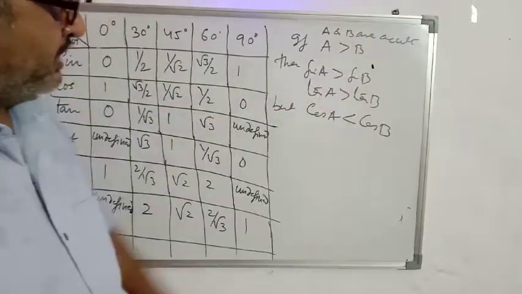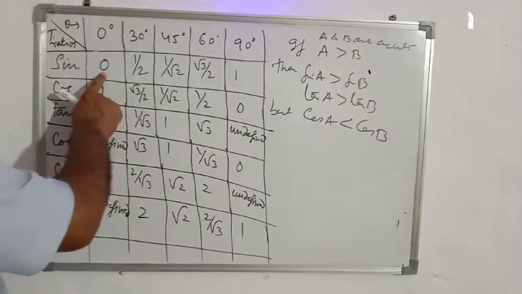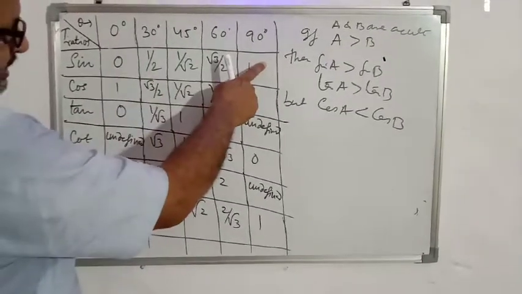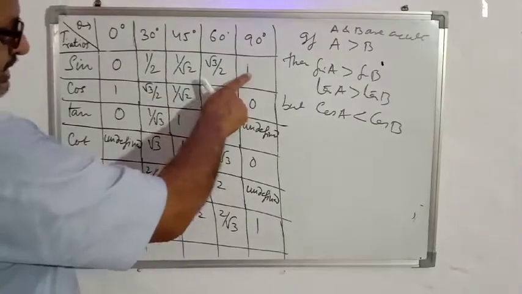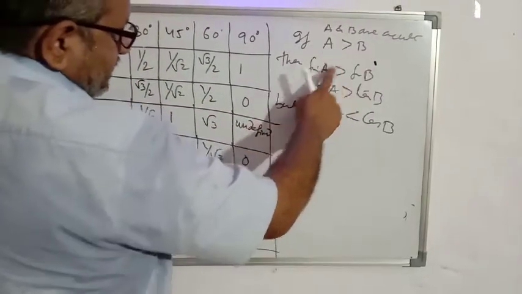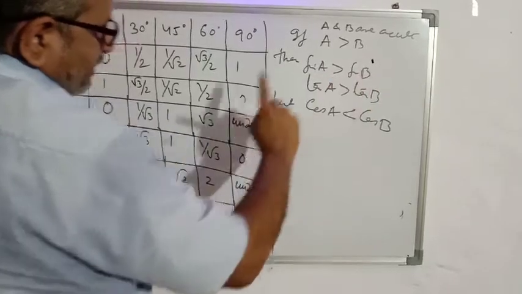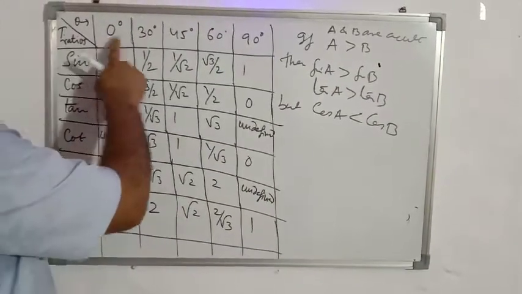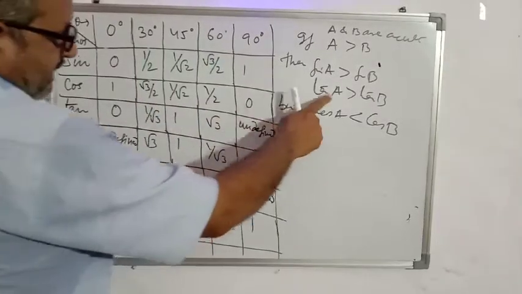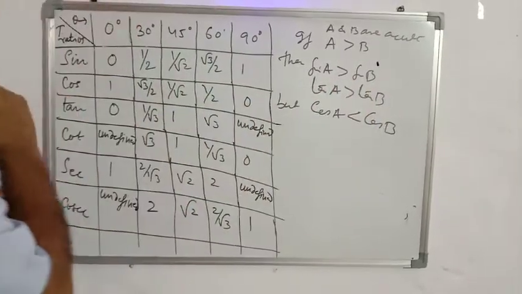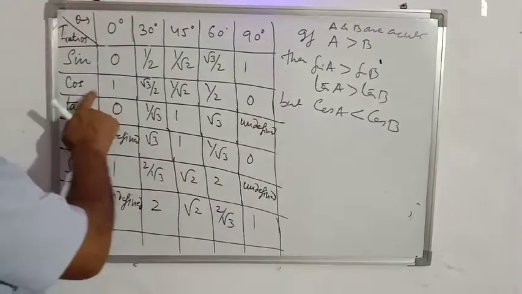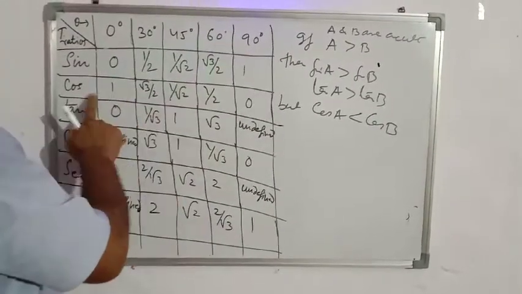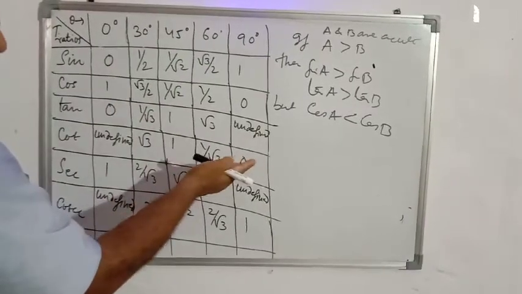A and B are acute here, because from the table we can see that if theta increases from 0 to 90, then the value of sin increases. So if A is greater than B, then sin A will be greater than sin B. The value of tan also increases as theta increases from 0 to 90, so tan A will also be greater than tan B. But in case of cos, as theta increases from 0 to 90, the value of cos decreases from 1 to 0.